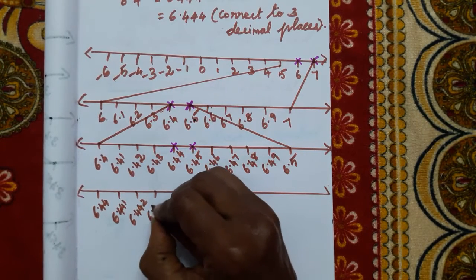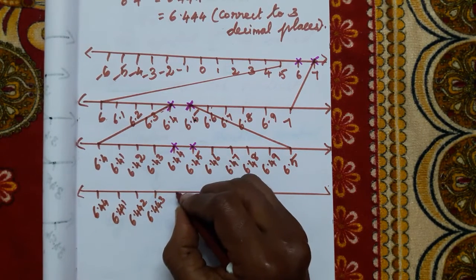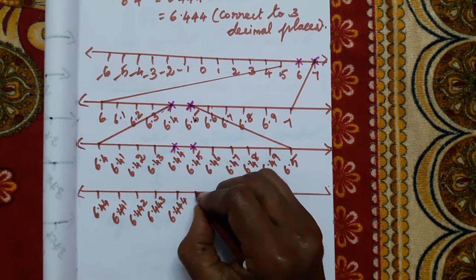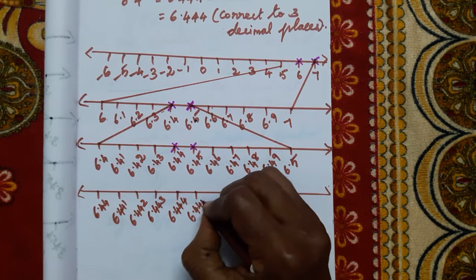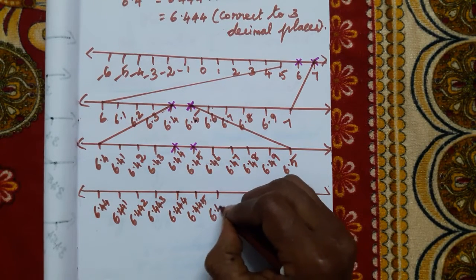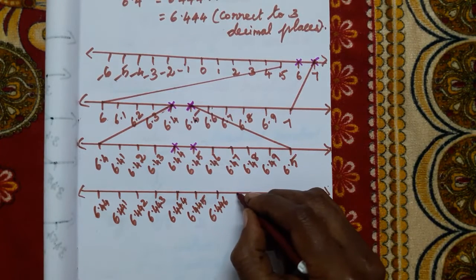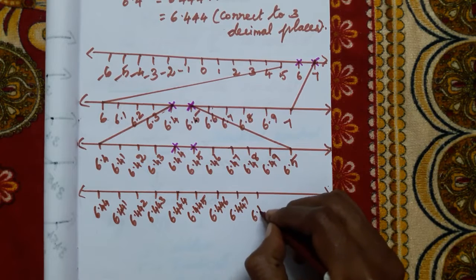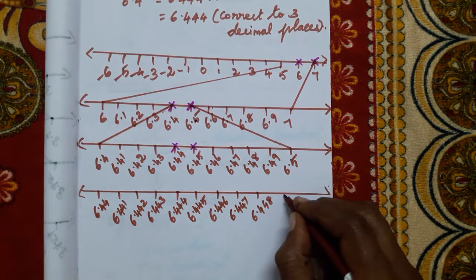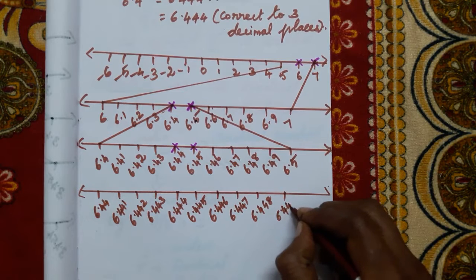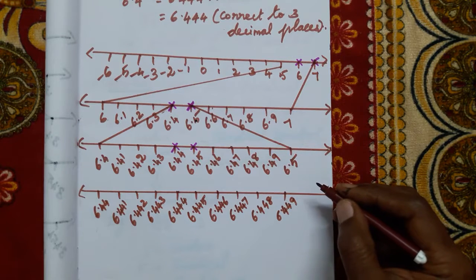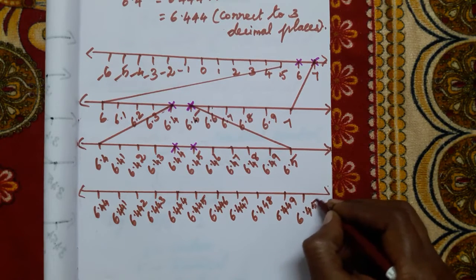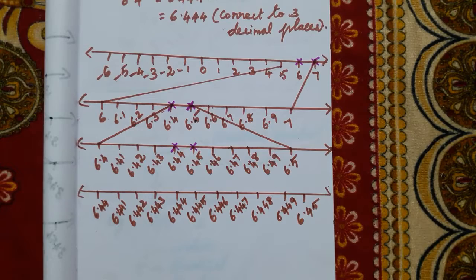Next 6.443, 6.444, 6.445, 6.446, 6.447, 6.448, 6.449. 6.449 after 6.45.